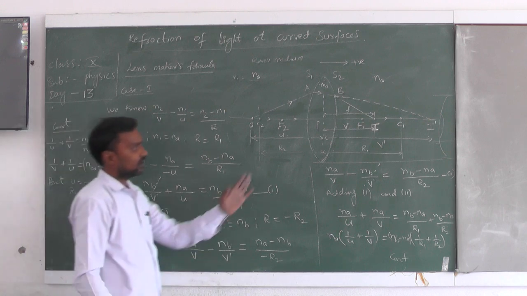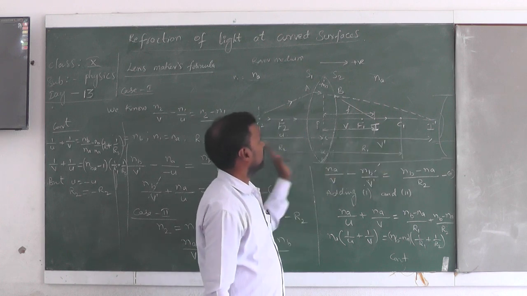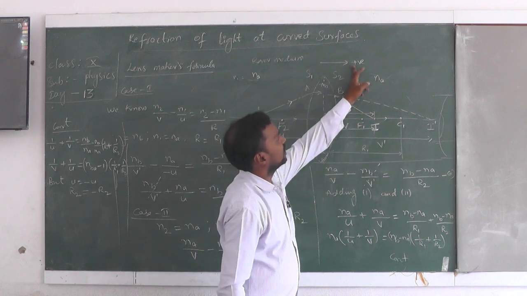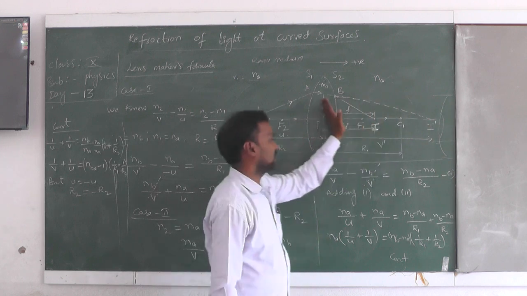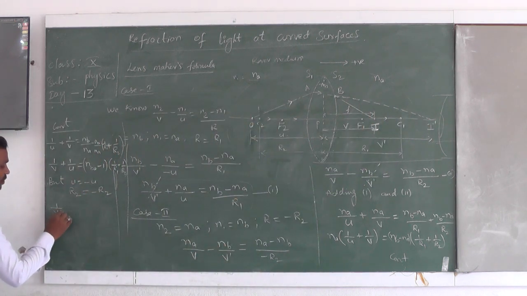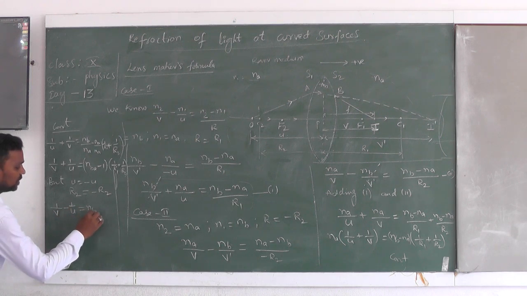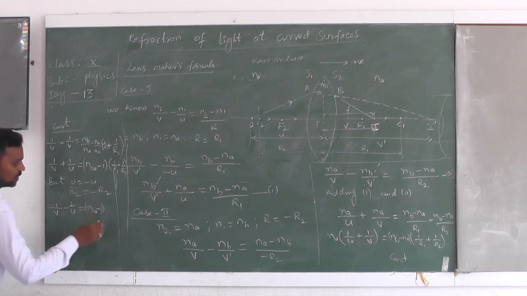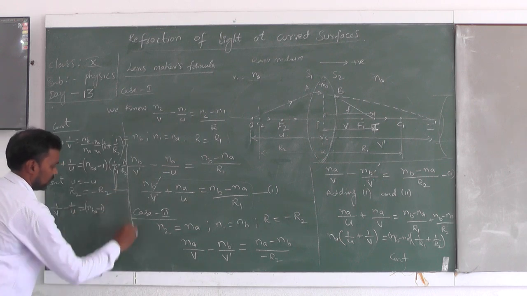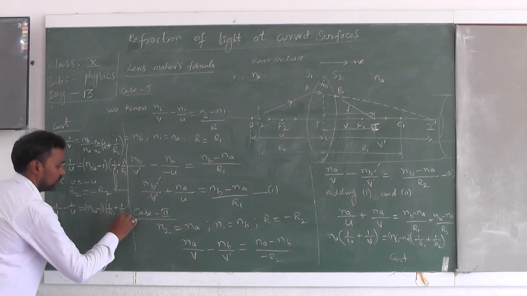Why? Because according to sign convention, this is plus R and this will be minus R. As I indicated here, this side will be taken as positive, that side will be taken as negative. Now substitute here. 1 by V minus 1 by U is equal to NBA minus 1 into 1 by R1 plus 1 by R2.